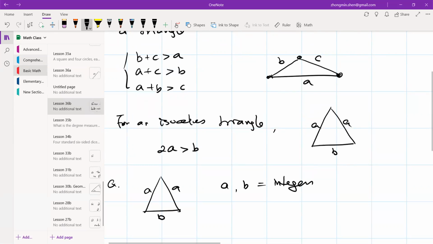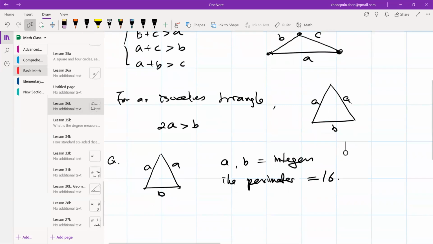The perimeter is fixed at 16. Find the triangle with maximum area, so the largest possible area.